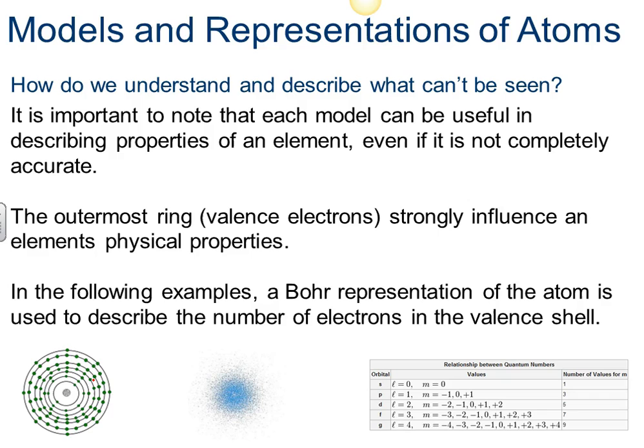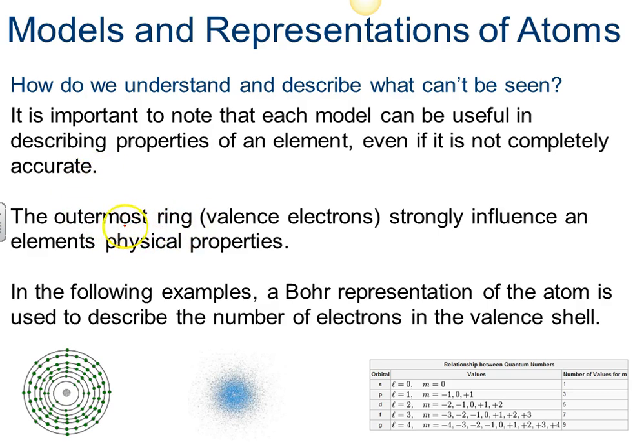It's important to note that each model has its own good parts and also shortcomings. The best model is probably not the one that we're going to use, but every model has certain parts of it that, if you use it appropriately, tends to describe what we see. And that's the most important thing. So even if it's not completely accurate at all levels, it's likely going to be accurate at a level where we're going to use it.